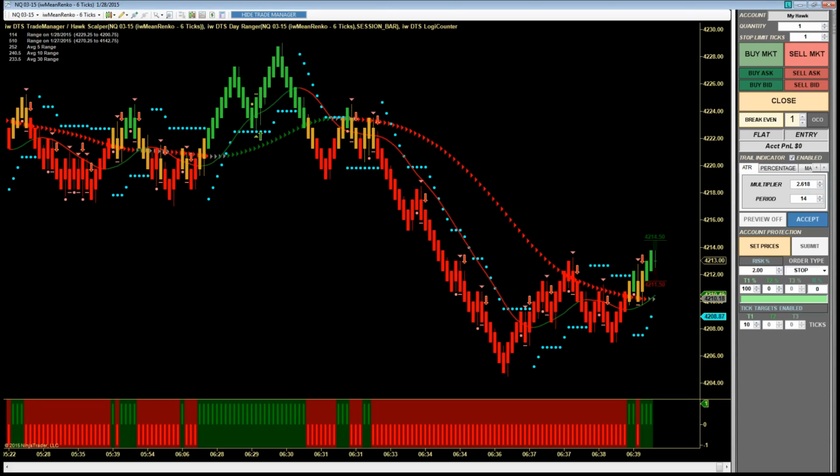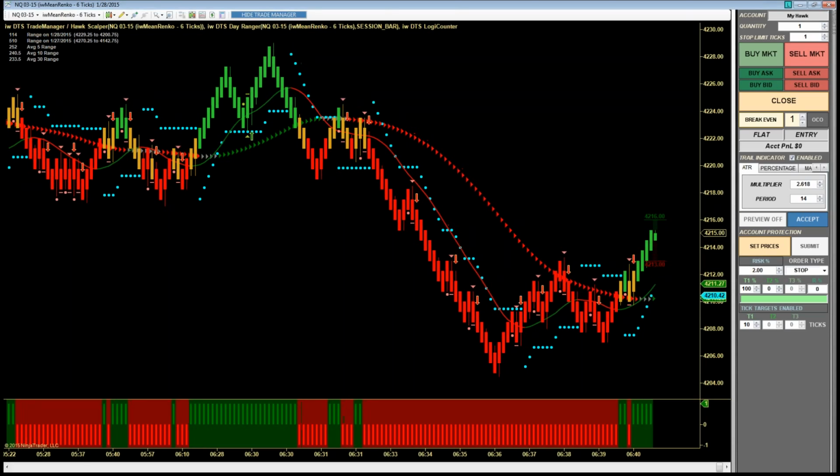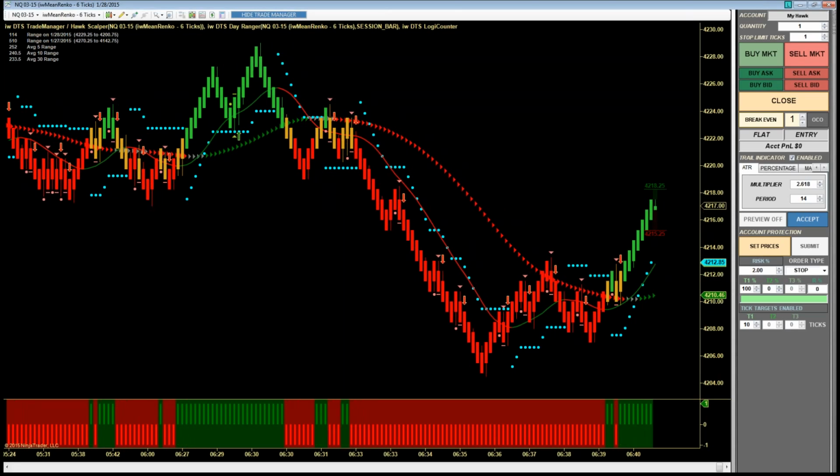This tool right here enables you to trade just like Wall Street. It does all your trade management for you. It prevents you from overextending yourself. It prevents you from losing too much money and not earning enough money.